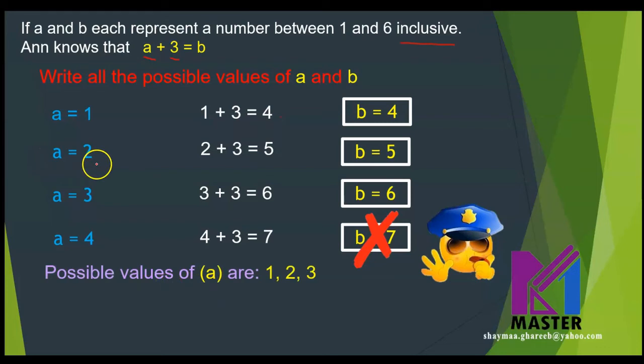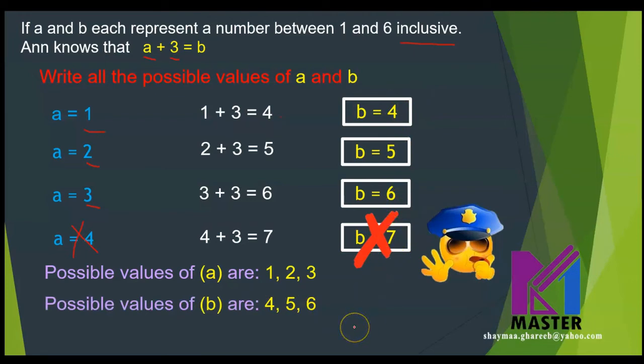The possible values of A we have 1 and 2 and 3. And we said we can't use the 4 because if I use the 4, the B will be 7. All right? And what are the possible values of B? Are 4 and 5 and 6. Is this type of question clear?